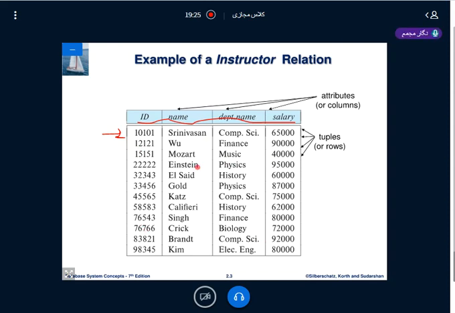And in these relations, for every column, we have a value for an attribute.